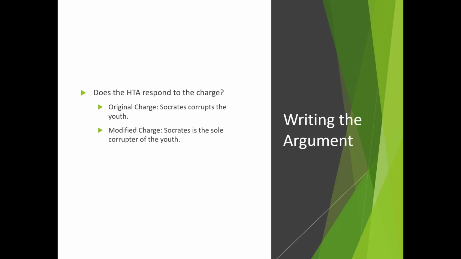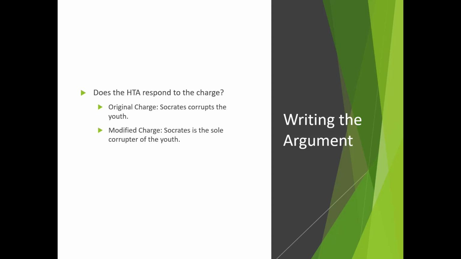Now, you could argue that Socrates does refute the original charge, in which case you try to argue that what Socrates claims clearly tries to imply, suggest, or show that he is the horse trainer in the analogy.